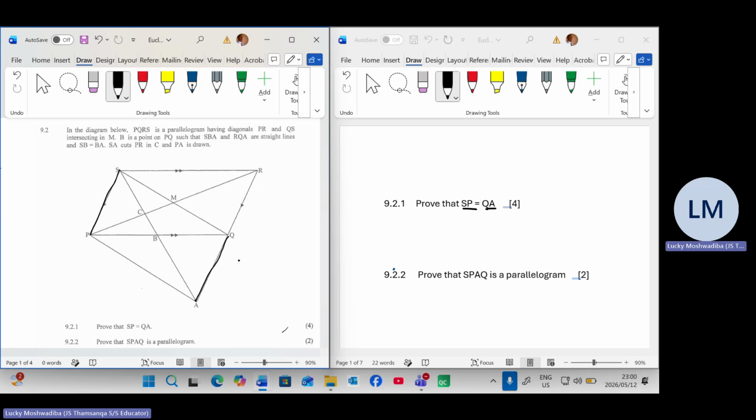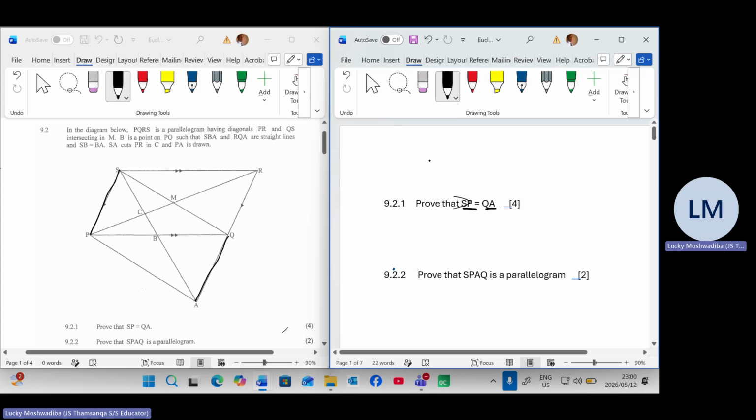Well, I like to point out the obvious things first whenever I am answering a question. What is the obvious thing here? The question talks about SP, so I know I will have to say something about SP.